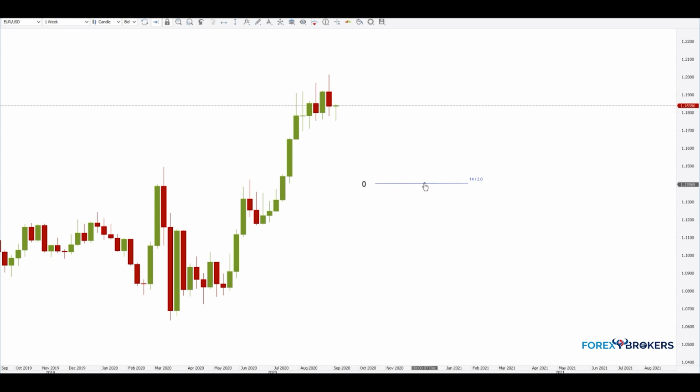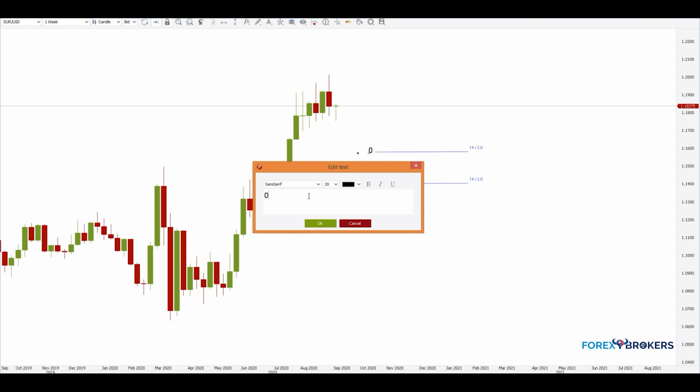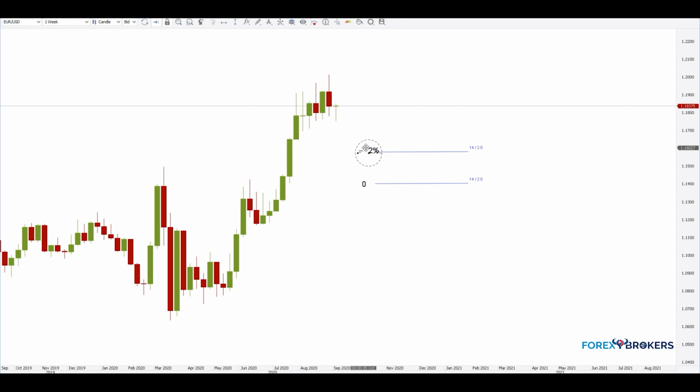Every central bank in the world, absolutely every central bank in the developed world, has an inflation target that goes around 2%. Now why is that? 2% is the equivalent of price stability in the central banking world.